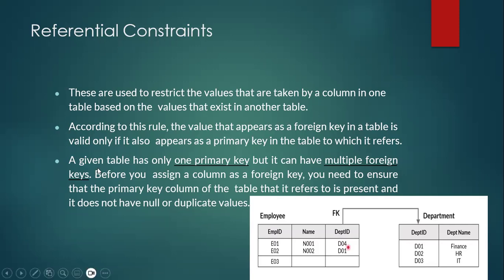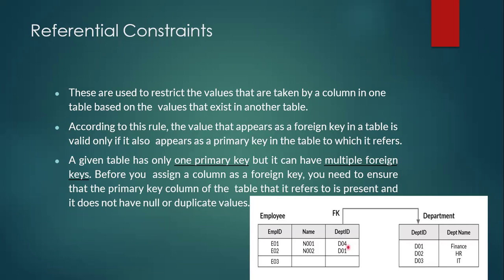So let's read the third point. A given table has only one primary key. As I told you earlier, a table can have only a single primary key, but a table can have multiple foreign keys. It means in a single table, we can define multiple foreign keys, but only a single primary key can be defined for one table.